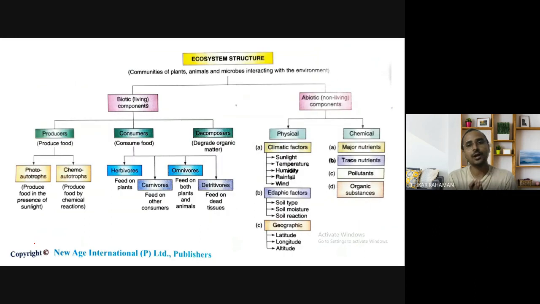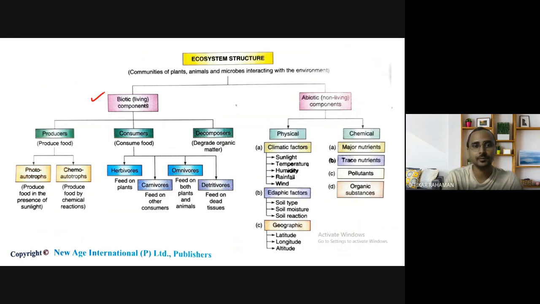So now we will see the basic structure of ecosystem. I have just told you about the biotic component and the non-living component, which is known as the abiotic component, সেটাকে বলা হয় abiotic component. The components which are not biotic are known as abiotic, that is non-living.